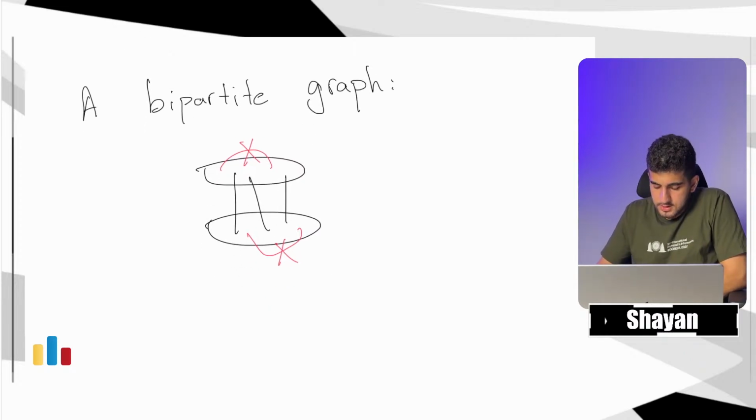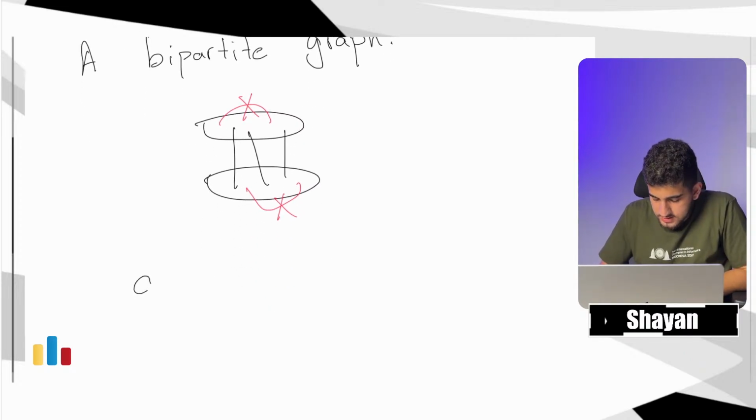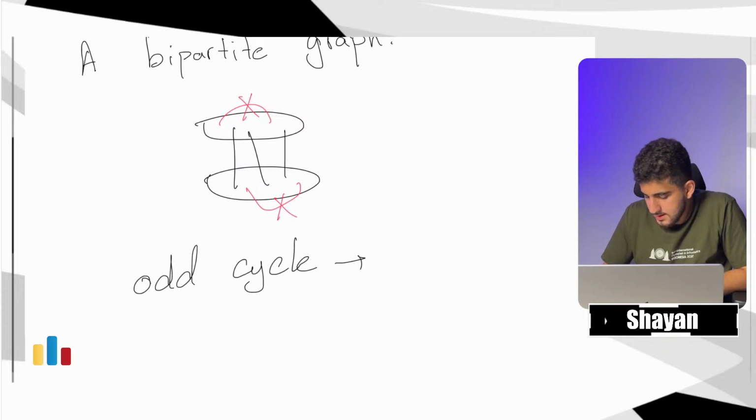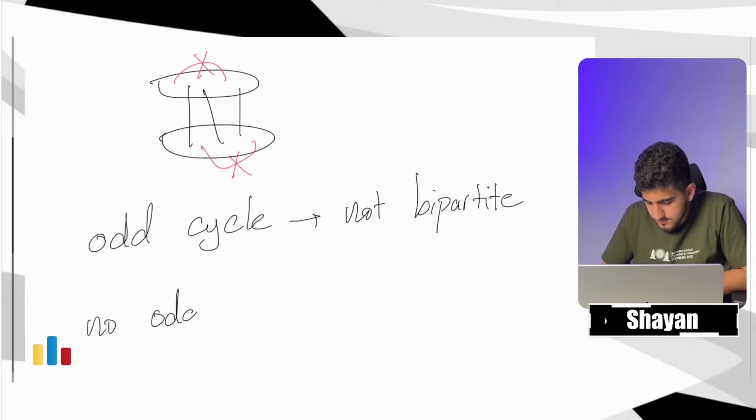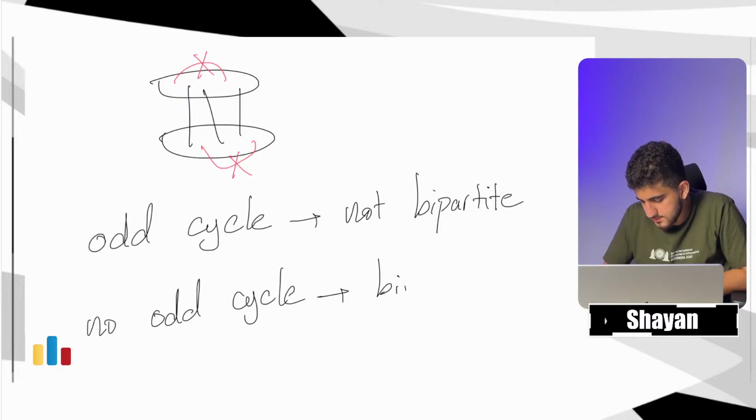And if we have an odd cycle, it is not bipartite. There's no way to split it into two parts. And if there is a way, it does not have an odd cycle. If it has no odd cycle, then it is bipartite.